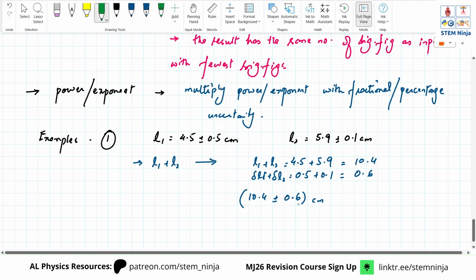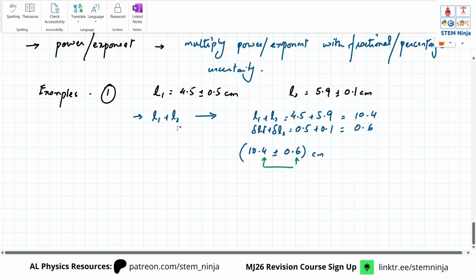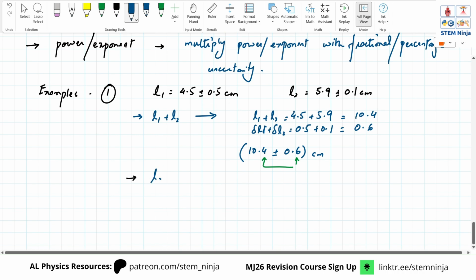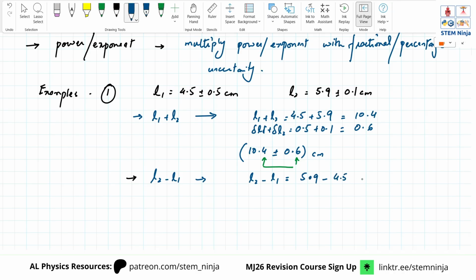So final value would be 10.4 plus minus 0.6 centimeter. And notice over here, one significant figure, one decimal place that agrees with this uncertainty. But what if we were subtracting these two quantities? What if you were doing L2 minus L1? That would be 5.9 minus 4.5.